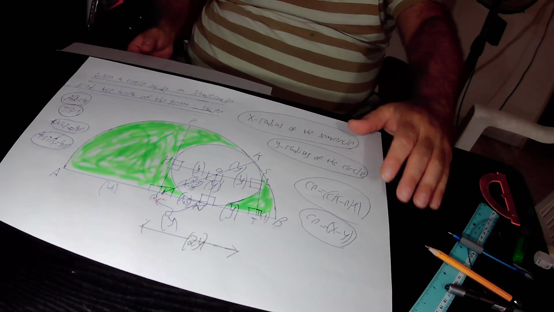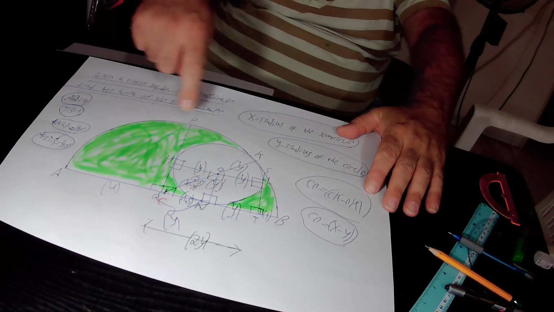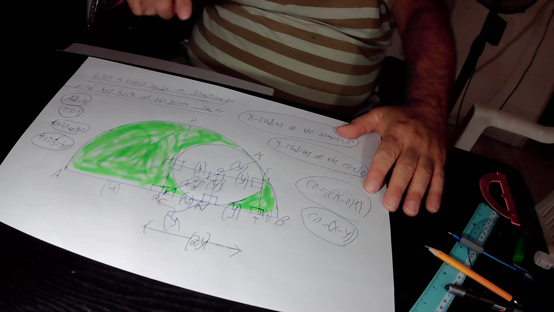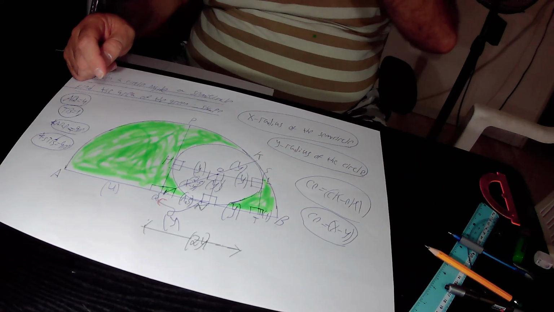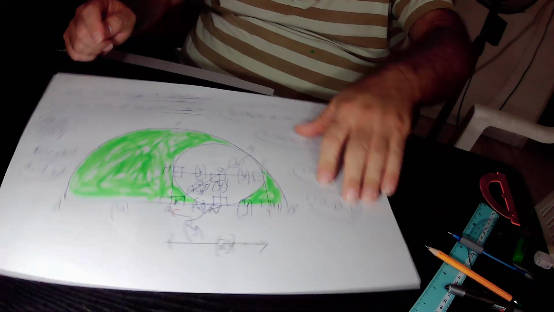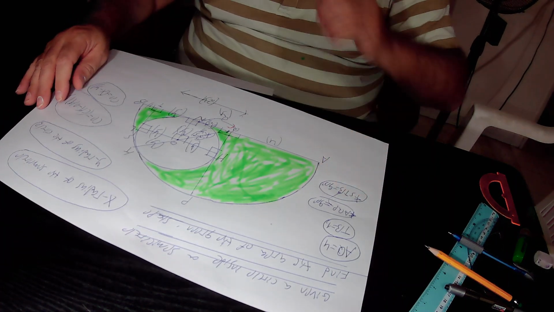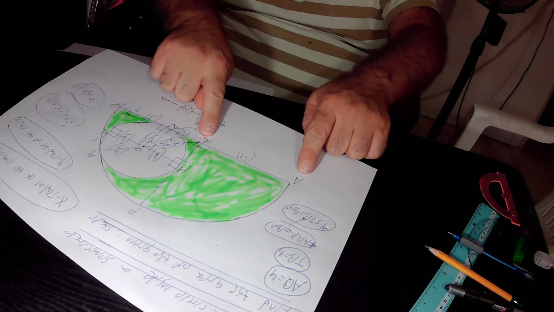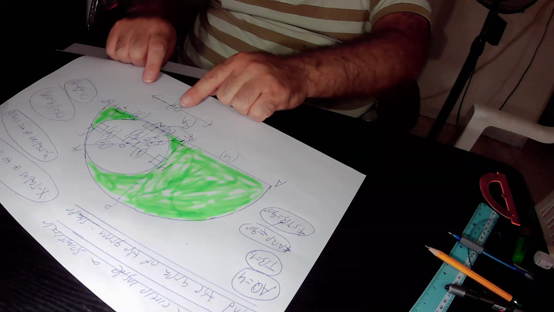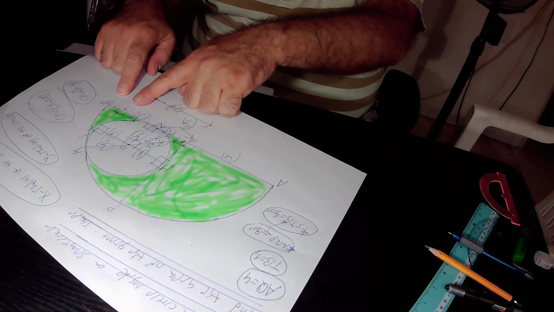In the first question, our task is to find the area of this grain shape. In the domain we have a semicircle. We know that AQ equals 4 units in length. TB equals 1 unit in length.